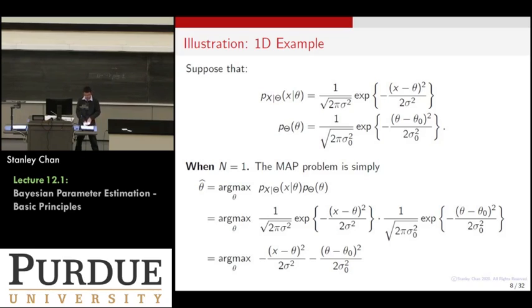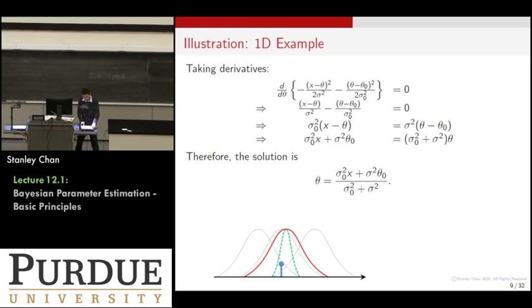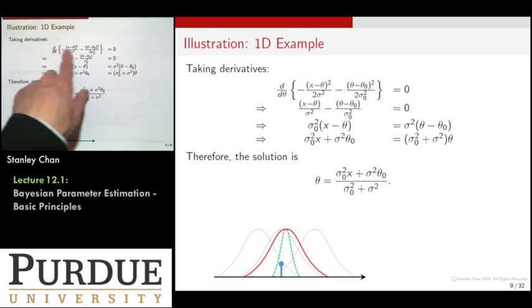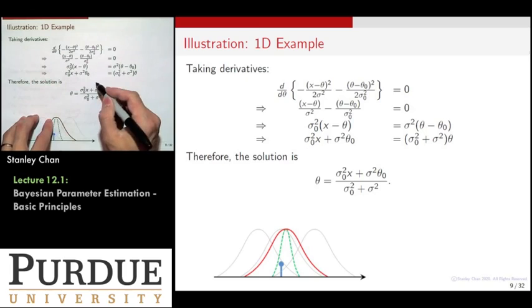Now, if you want to go back to maximum likelihood, just ignore this term. That is the maximum likelihood estimation problem. The difference is that now you add another term that comes from your prior. So, what has become different? We can take the derivative, set it to 0 with respect to theta, and with a lot of calculations, you can show that the solution will look like this.